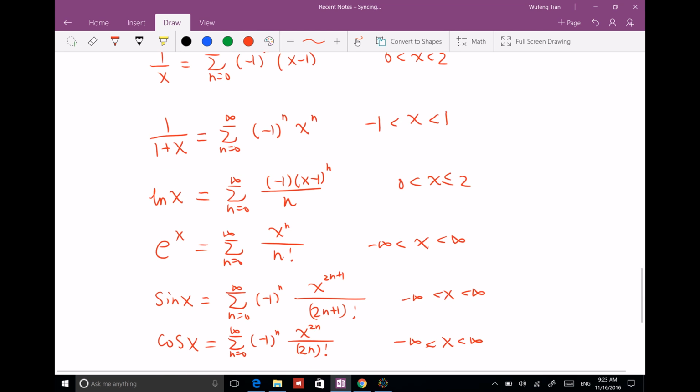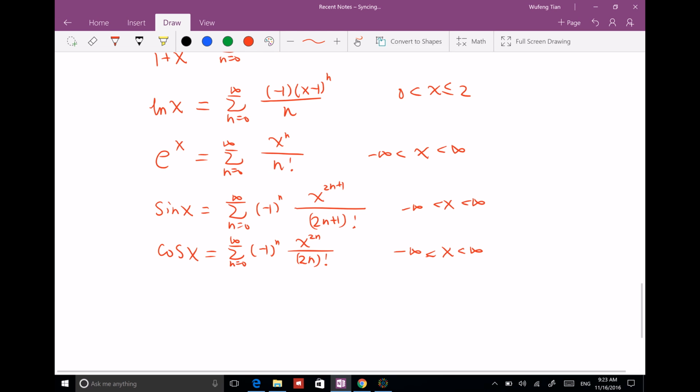Okay, so let's do two more, I think. Arc tangent x equals x, okay, I'll just give you the final: the sum from n equals 0 to infinity of negative 1 to the power n, x to the power 2n plus 1 over (2n plus 1), for negative 1 less than or equal to x less than or equal to 1.